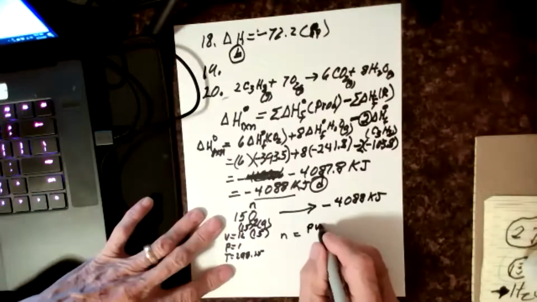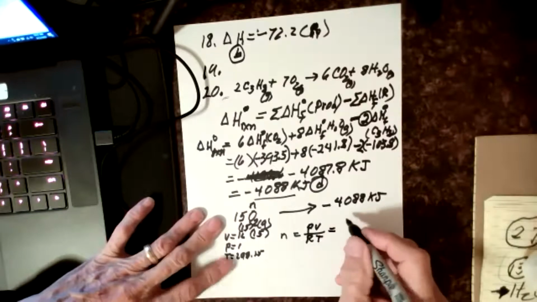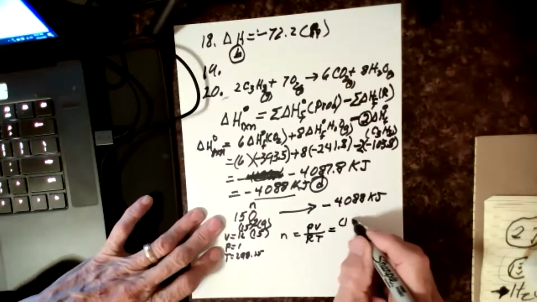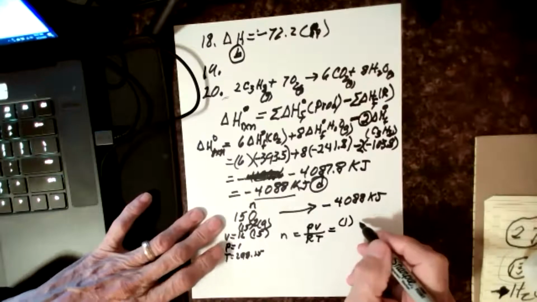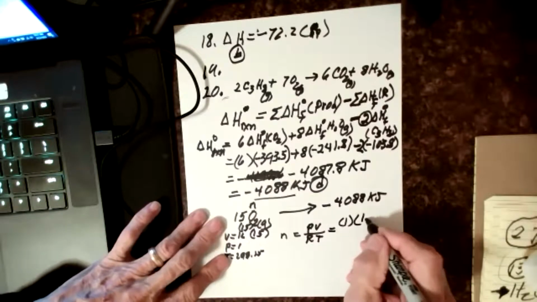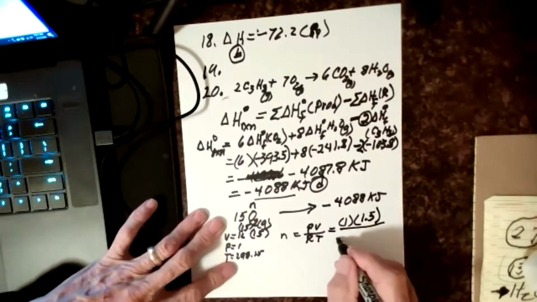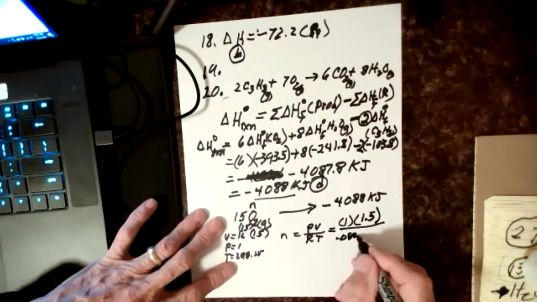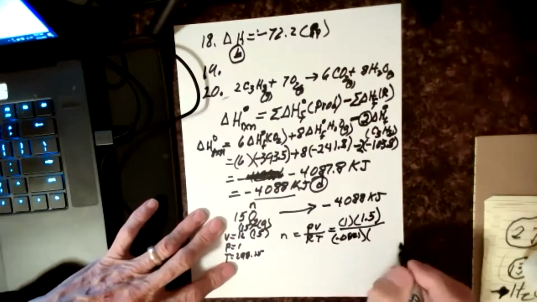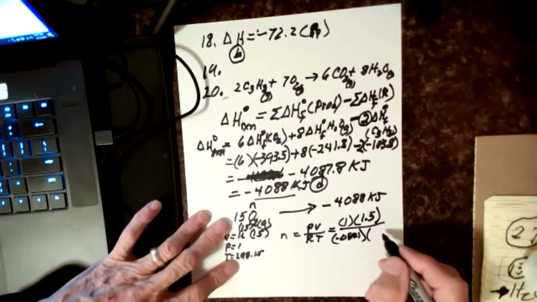It's going to be P times V over R and T. Number of moles. Pressure is 1 atmosphere. That's in the correct unit. Volume is 1.5 liters. That's good. R is 0.0821. And the temperature we said was 298.15.